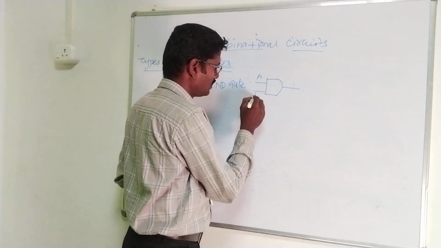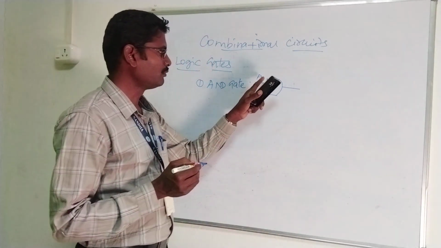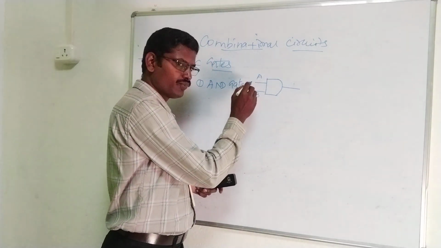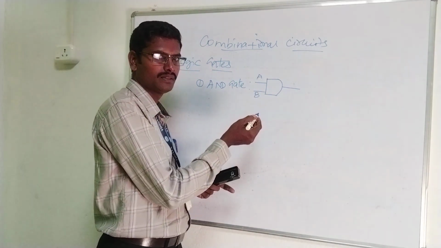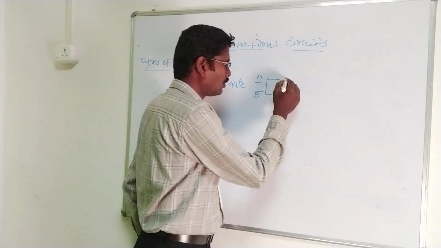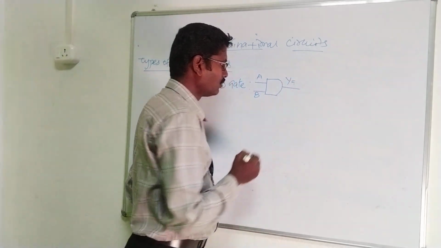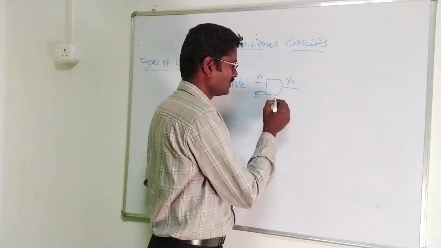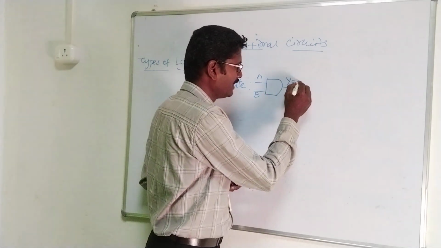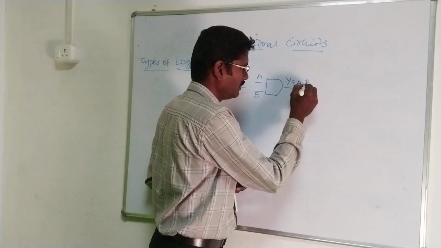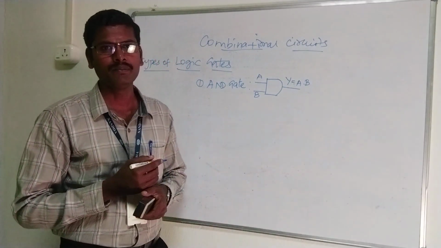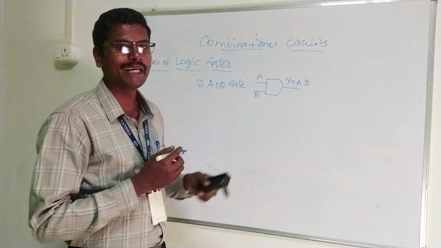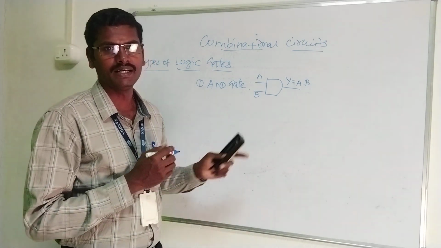The input variables are A and B. We will be giving either 0 or 1 for A, similarly 0 or 1 for B. Similarly, the output variable is Y. The equivalent expression for this AND gate is Y is equal to A dot B. That is multiplication, in simple words. So this is the equivalent symbol for the AND gate.